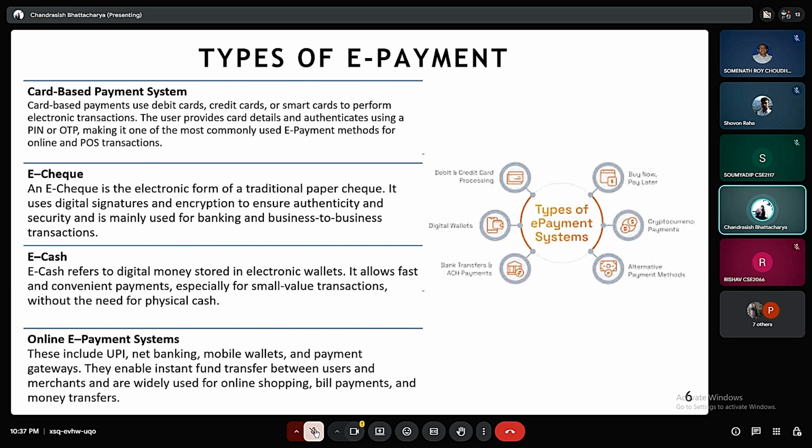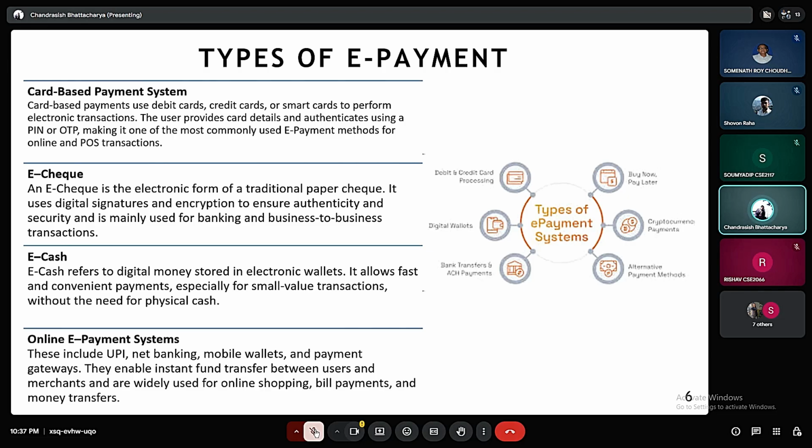Secondly, I will be talking about e-checks. An e-check is an electronic form of a traditional paper check. It uses digital signature and encryption to ensure authenticity and security, and it is mainly used for banking and business-to-business transactions.